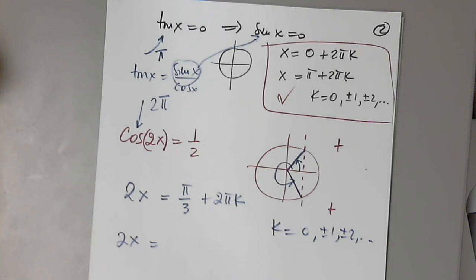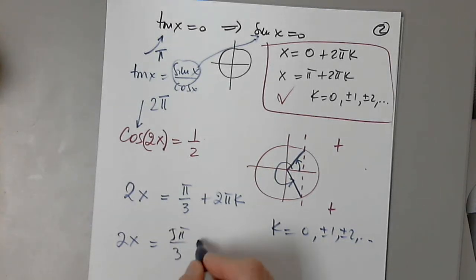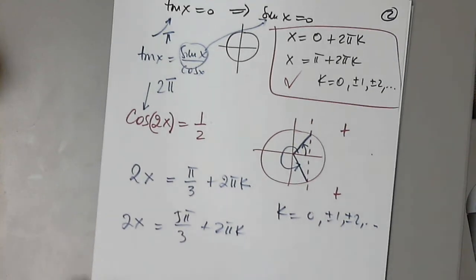So how much is 2 pi minus pi over 3? Three. 5 pi over 3, of course. 5 pi over 3 plus 2 pi k.